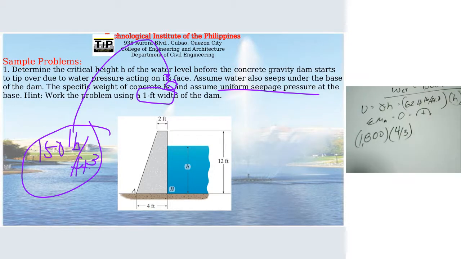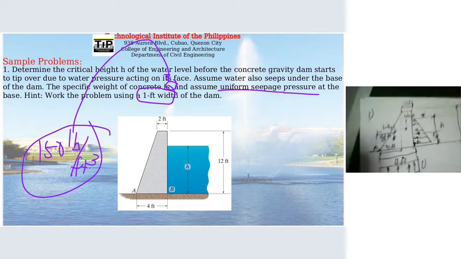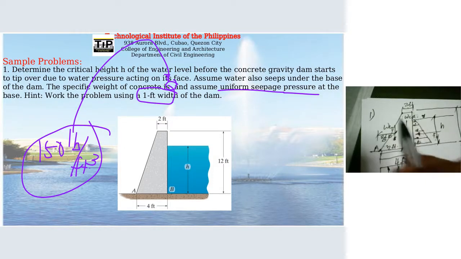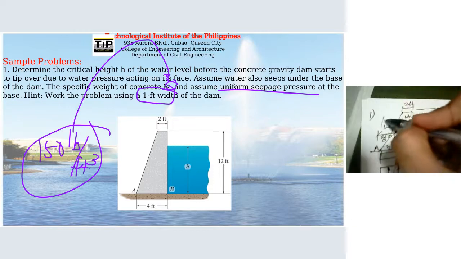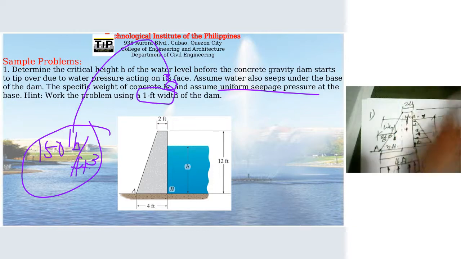Okay? It's positive because it will rotate clockwise. Next, we have W sub CR. So we need to get the moment arm.